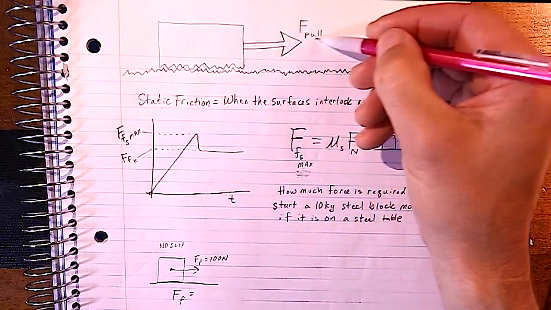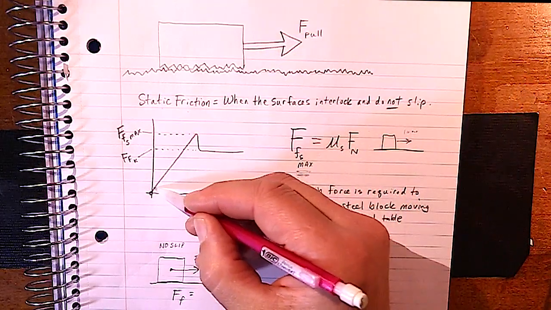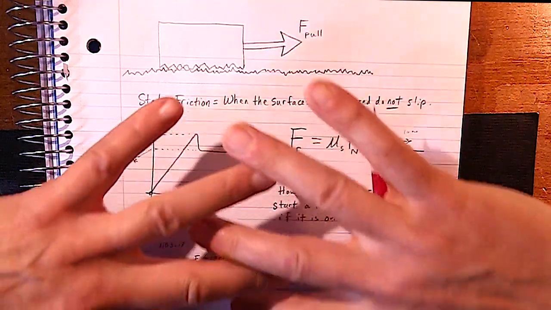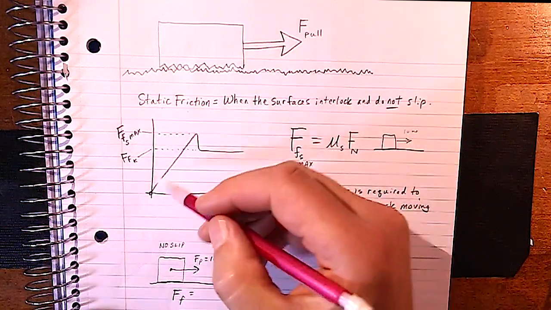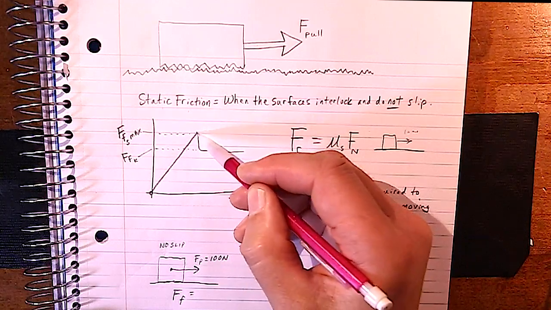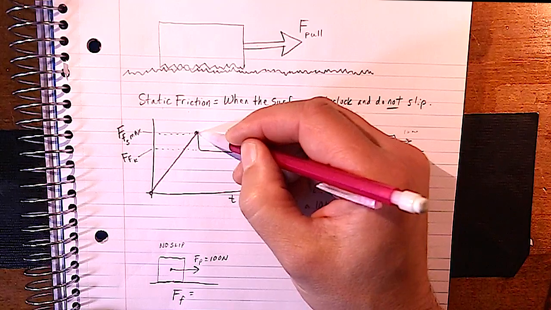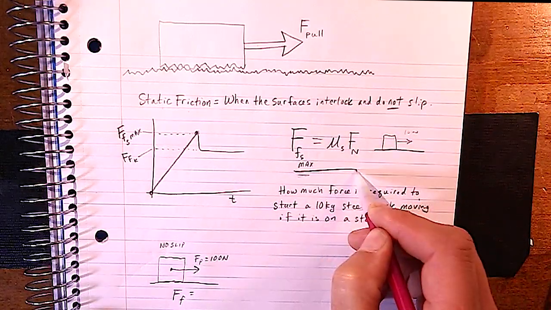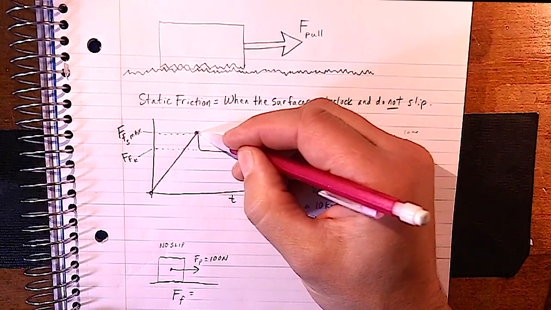If I start to pull on this box, then I'll start to get more and more static friction. These interlocking forces will increase, and they'll increase and increase until it gets to its maximum value. And at the maximum value, that's what the formula calculates. But then it'll slip.